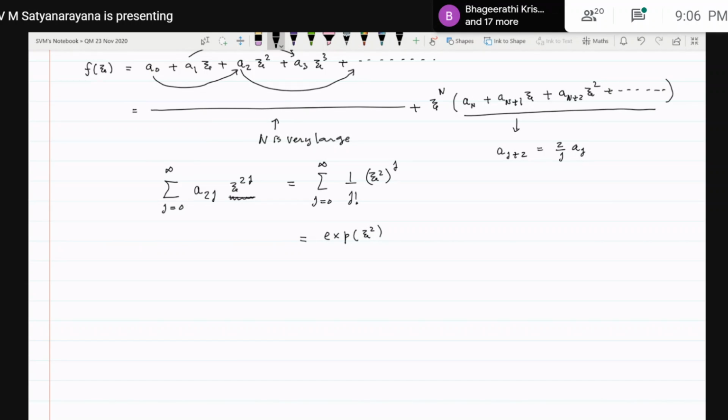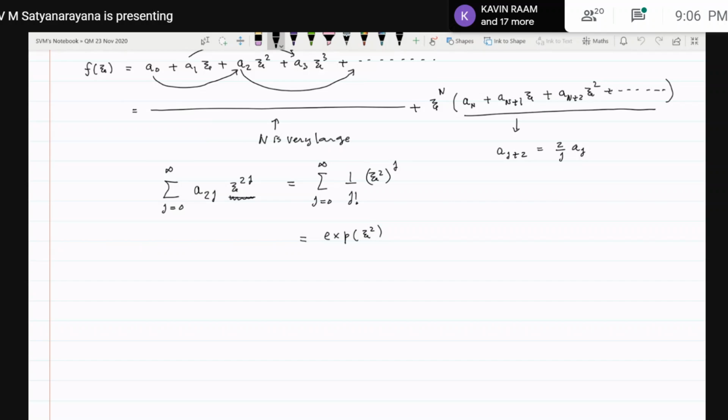So if you allow these infinite terms to be there in this particular expression, this part of it is exponential xi square, and there is also another part which is adding to that, which will be much more than exponential xi square.